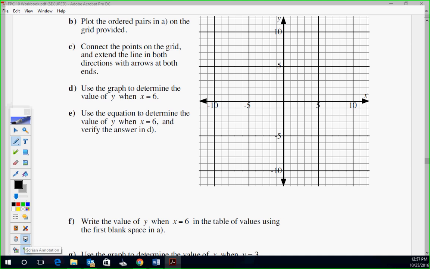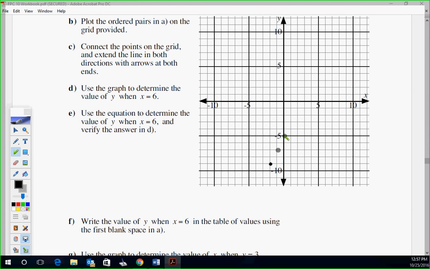Okay, so our first point was -2, -9. That means I go left 2, down 9. There's my first one. My second one is -1, -7. Next one, 0, -5. 0 means you don't move left and right at all. 1, -3.